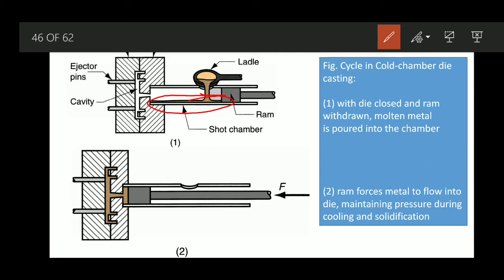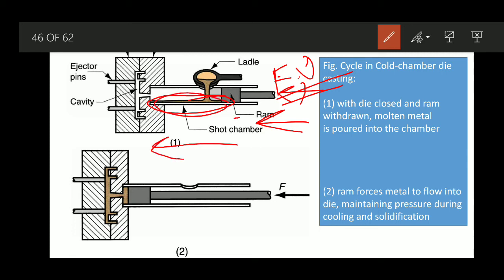Then, by applying force, we move the ram this side, and along with the ram, or plunger, the molten metal is forced to flow inside the die cavity, as can be seen in this figure.